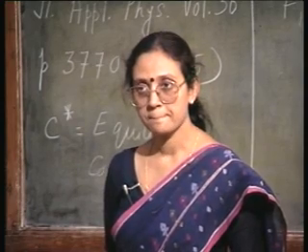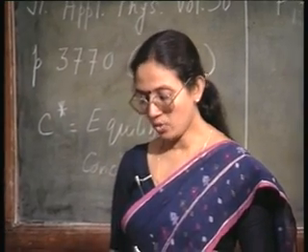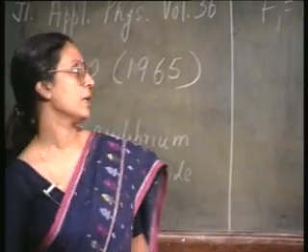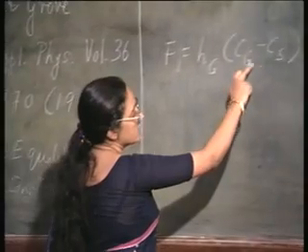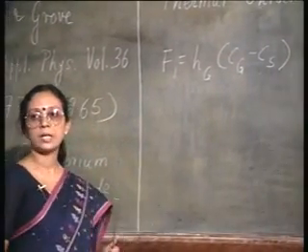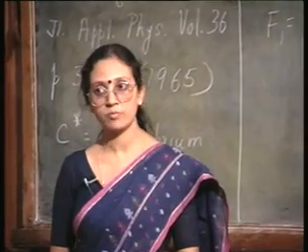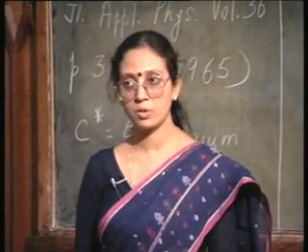Okay. Now, you see, by gas laws, I could replace Cg and Cs by the partial pressure of this oxidizing species, PV equal to kT.